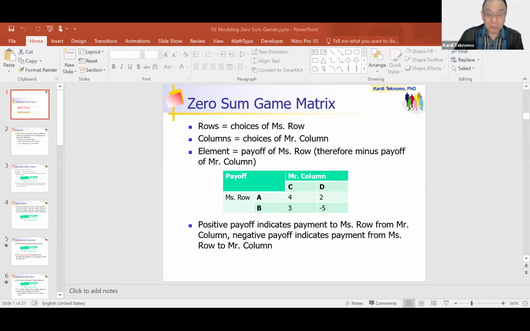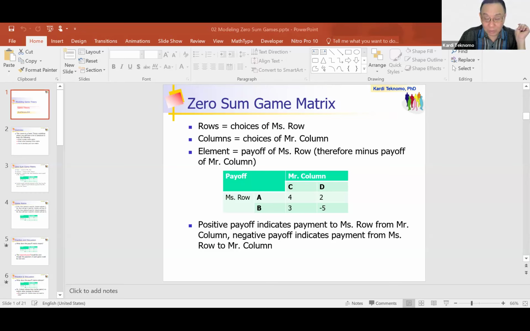Miss Row has two alternative actions, A and B. Mr. Column again has two alternative actions, C and D. The number in here represents the payoff for Miss Row.